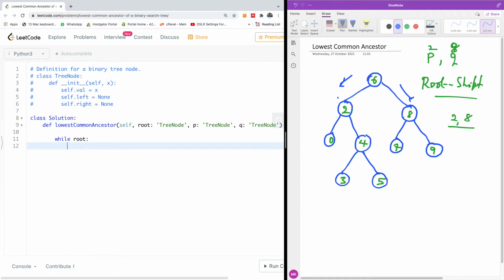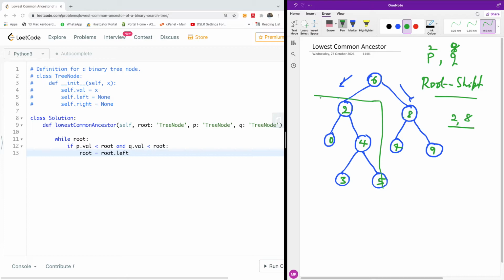If p.val is less than root.val and q.val is less than root.val, we are simply going to set root equal to root.left. In this case, we are shifting the search region to the left subtree.